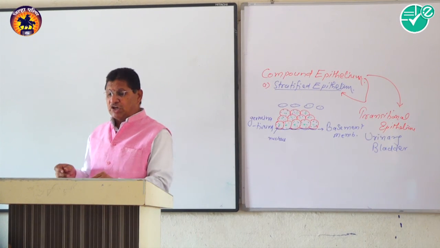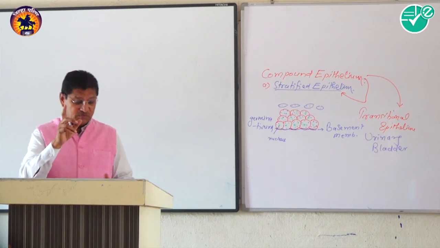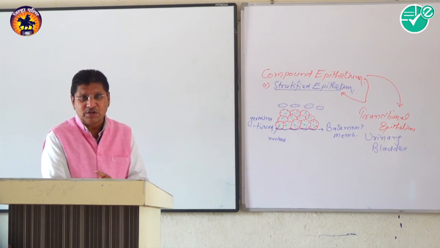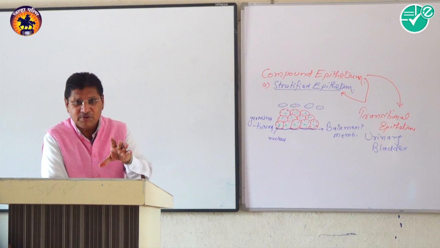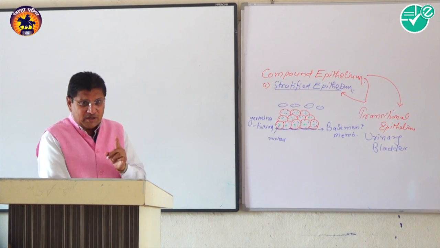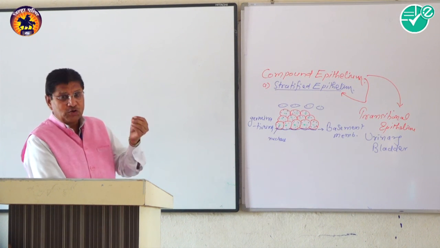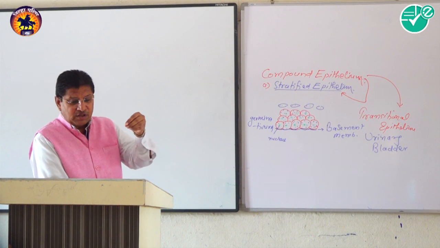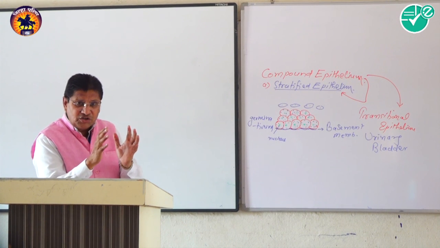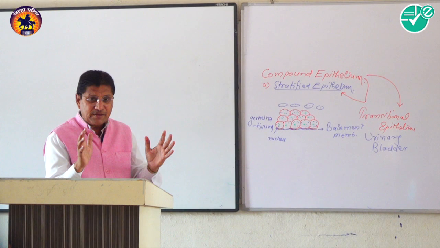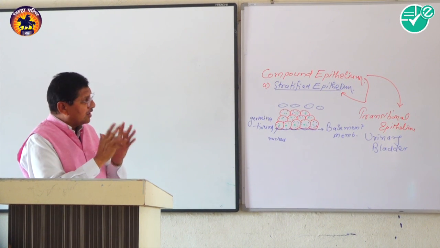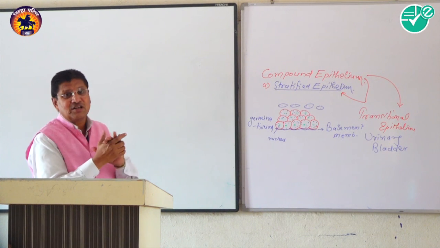The urinary bladder is part of the excretory system in which urine is stored drop by drop before micturition. When urine is released drop by drop into the urinary bladder, the size of the bladder increases gradually because the wall of the urinary bladder is composed of transitional epithelium.